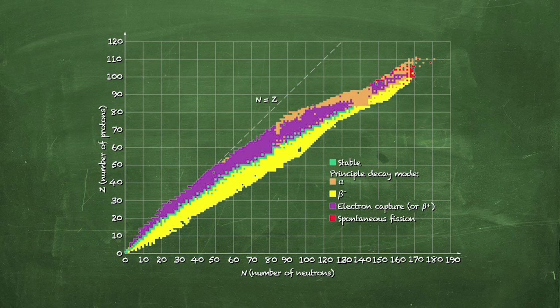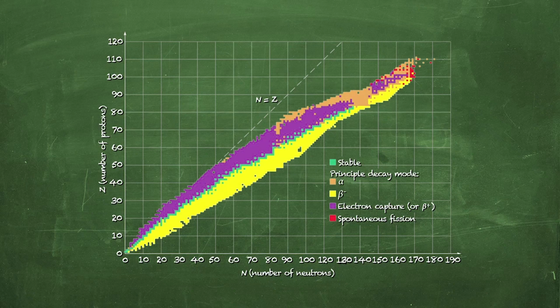And finally, there are a few very heavy isotopes up in the upper right-hand corner that decay primarily by spontaneous fission. So each of these reactions moves you on this chart towards the line of stable isotopes.